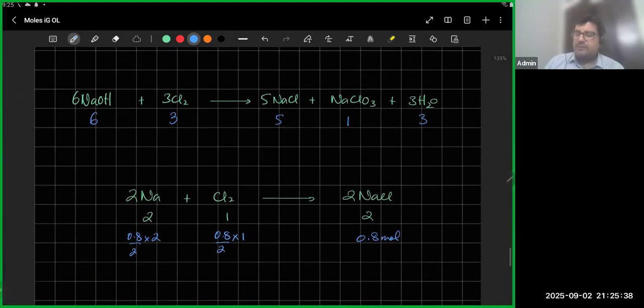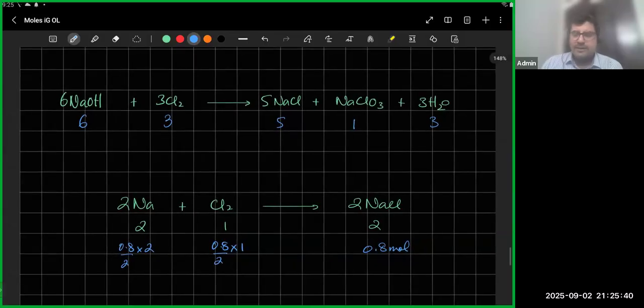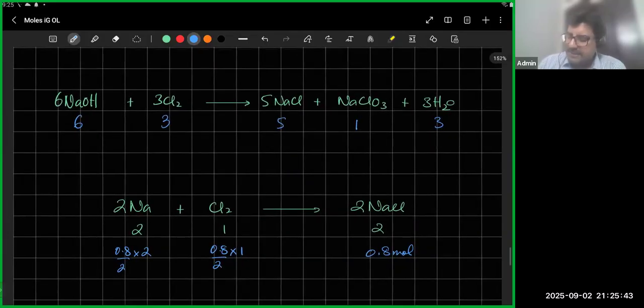And this becomes much more convenient if the equation is big and there are too many ratios involved. So if somebody says that the amount of NaCl being produced in the reaction is, let's say, 3.5 moles, and they're asking you to figure out the moles of all the other substances, then doing the ratio thing is going to be very quick.